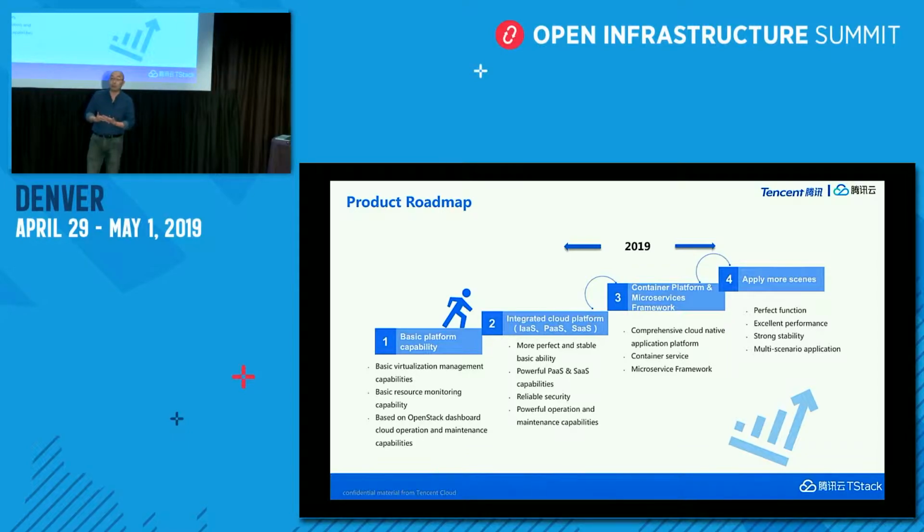So firstly, we integrate different kinds of cloud platforms, PaaS and SaaS services at the beginning of 2018. And then we try to build the container platform and the microservice platform in the middle of 2018. At the end, you can see we have the microservice, we have the container platform, and we have what we call the supporting PaaS services.